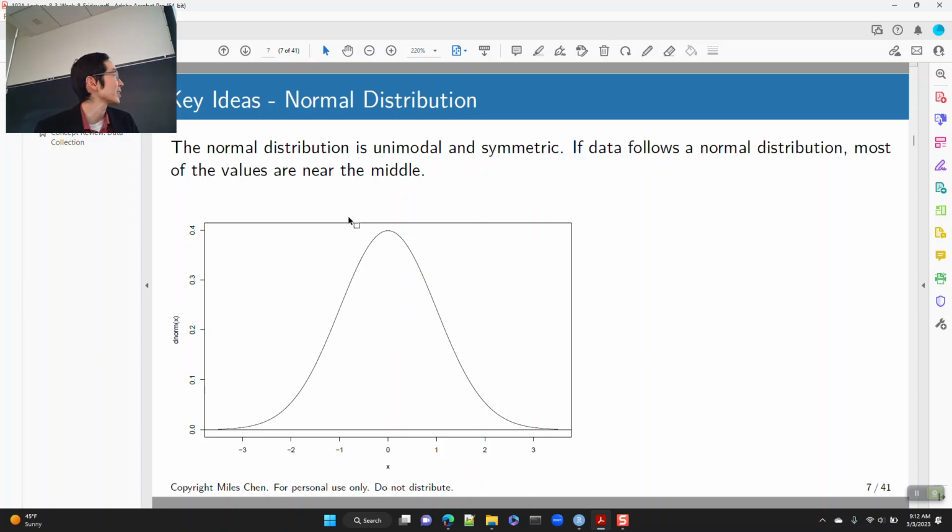The standard normal has a mean of 0. Most of your values are near 0. And as you go farther above or below, you get fewer and fewer of these things. And once you're three standard deviations above the mean, these points are very, very, very rare.